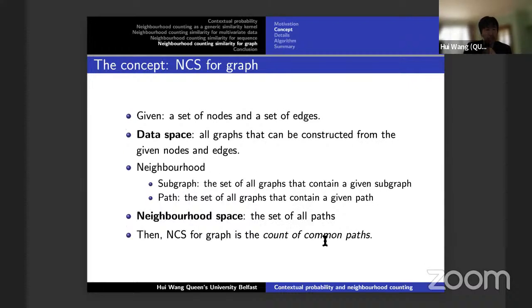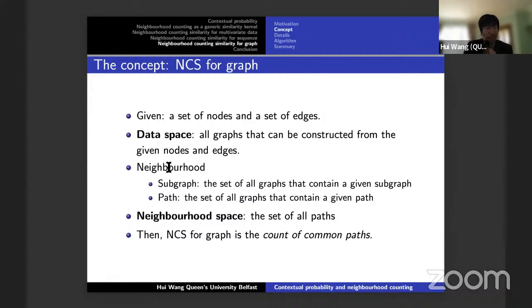And again, I need to define the data space and the neighborhood space. In this case, the data space is simply all possible graphs that can be constructed from a given set of nodes and edges. So we begin with a set of nodes and edges, and then the set of all possible graphs would be our data space.